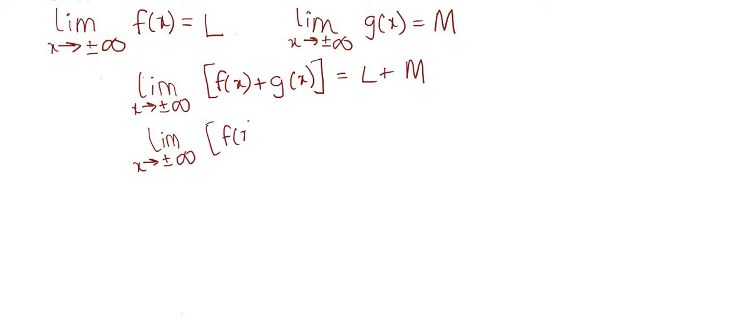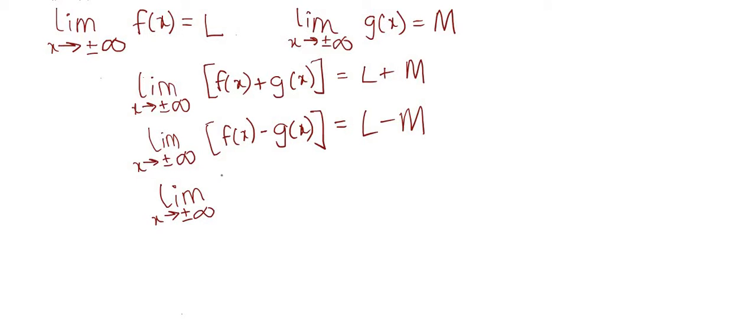So f of x minus g of x is equal to L minus M. And the great thing is that you can also do it with products of functions. So if you have f of x times g of x, it's L times M.